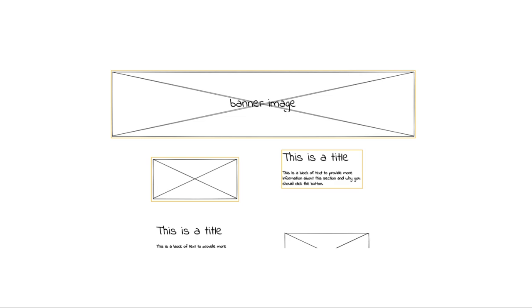Step 4 is to add image blocks. Think about the main images that you'll need for your user journey. What kind of illustrations do you need to help the user understand how to use the app or understand the objective of the app?